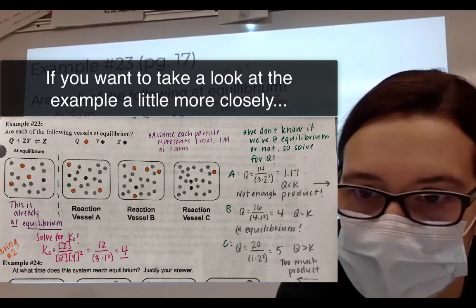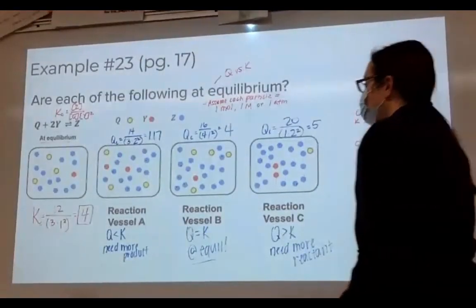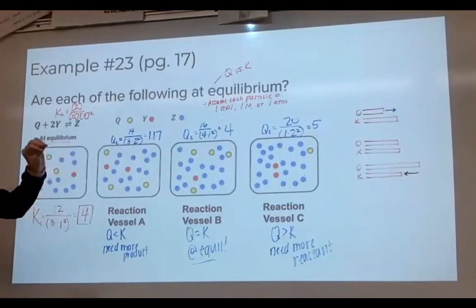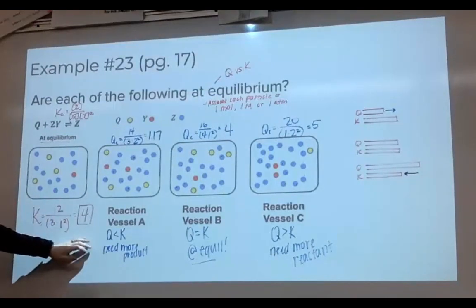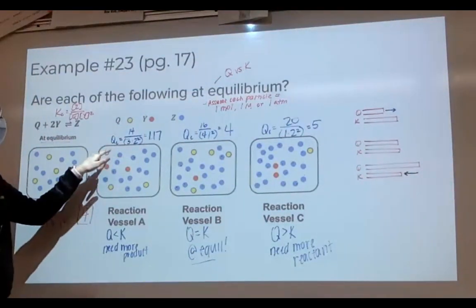K always stays the same. So at equilibrium, the value of K is always the same. So if you're at equilibrium, K is 4.